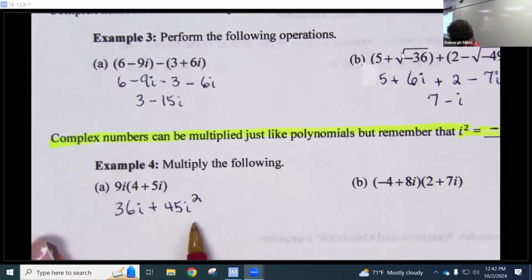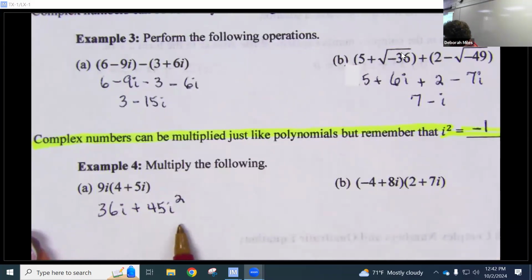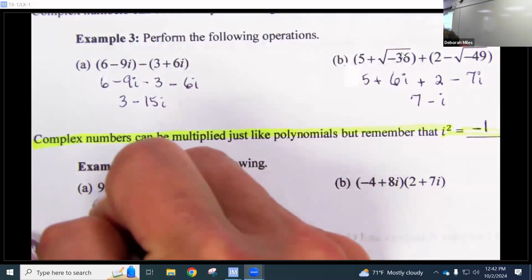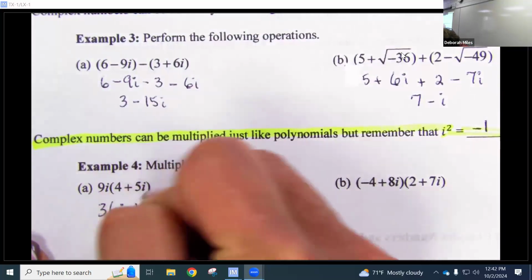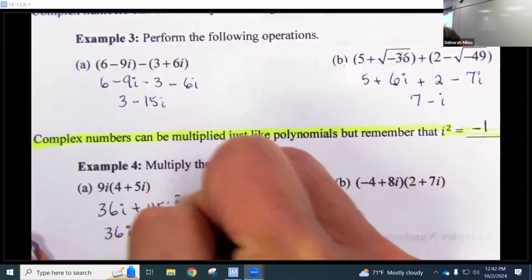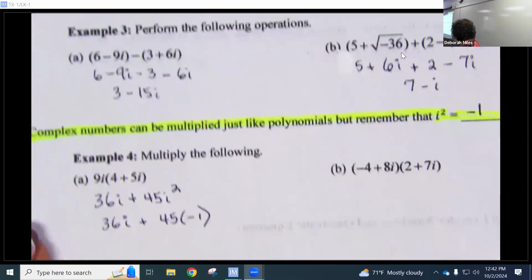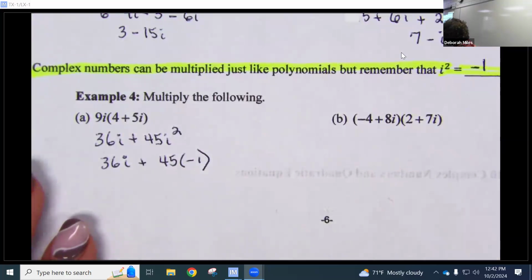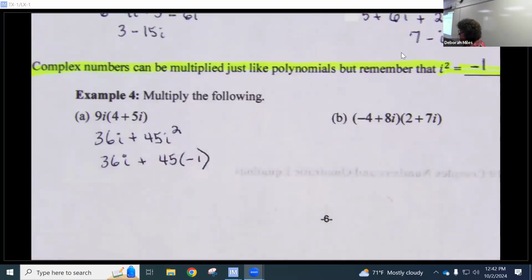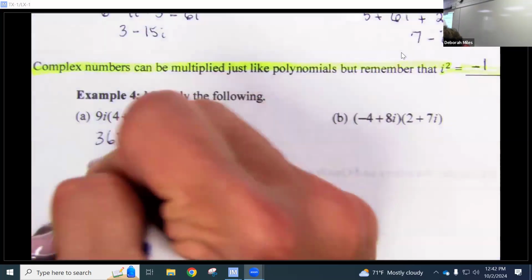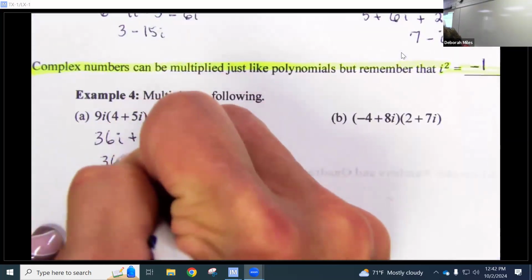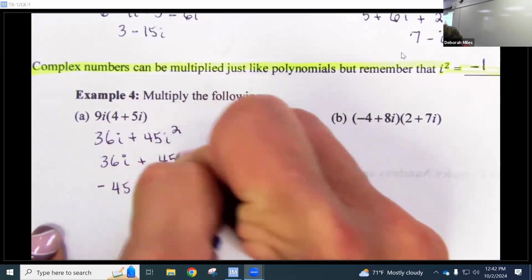Whenever I see an i squared, I'm going to put in what? -1. 36i plus 45 times -1. And then if I want my answer in the form a plus bi, which the directions said, I'm going to write my real part before my imaginary part.